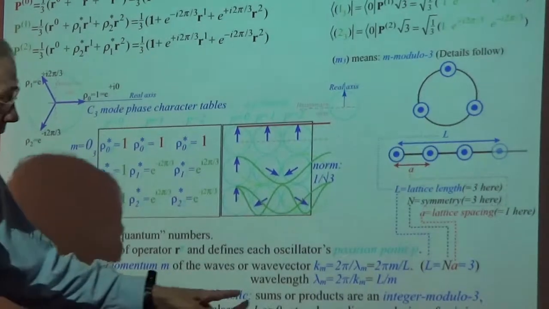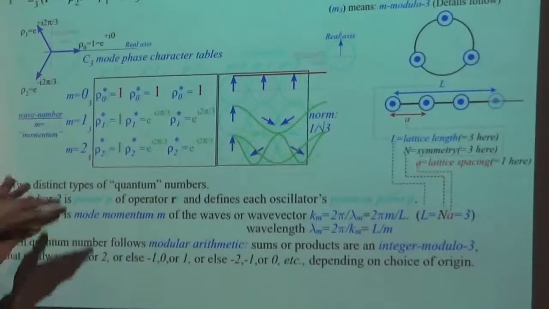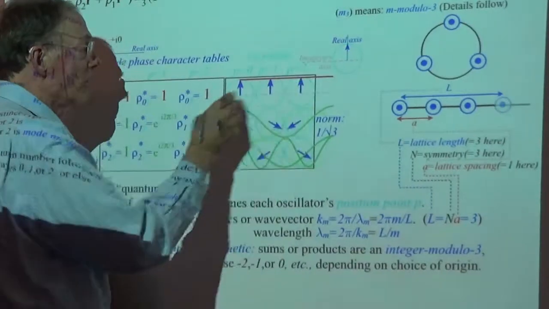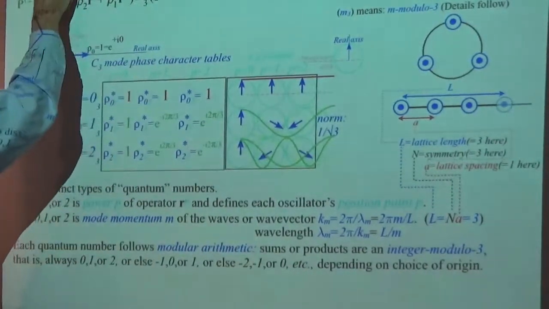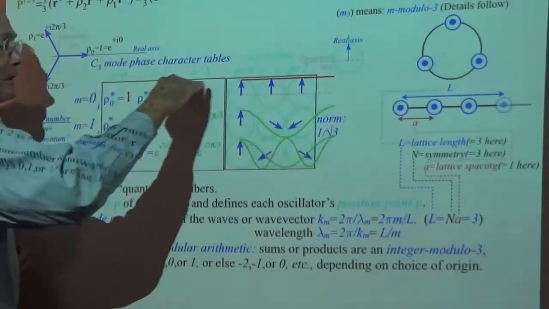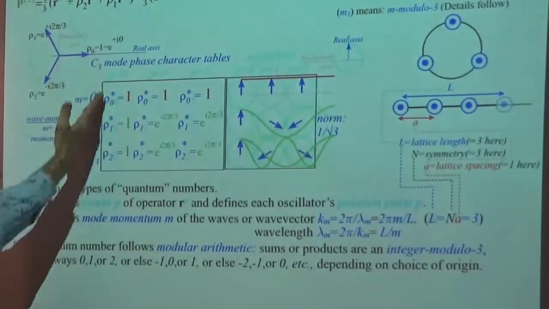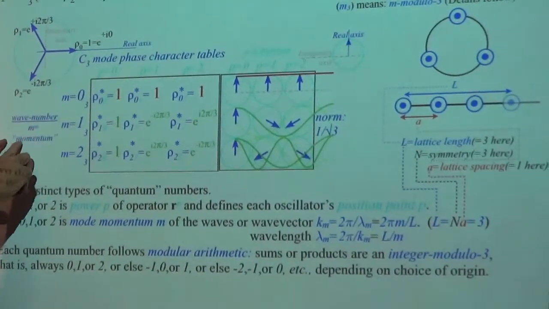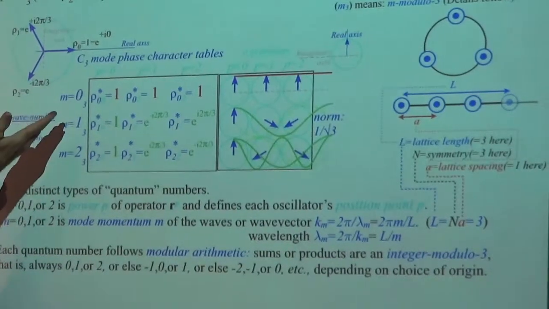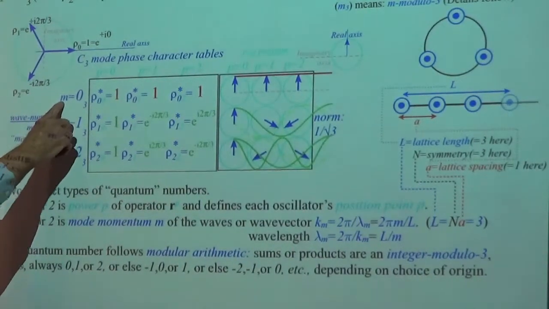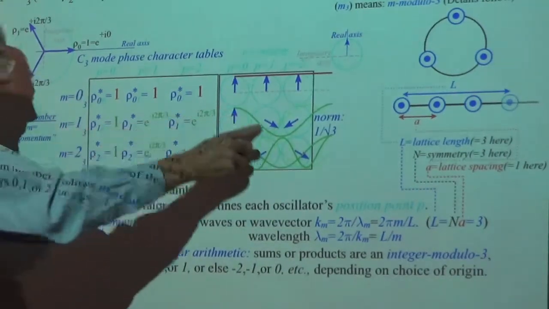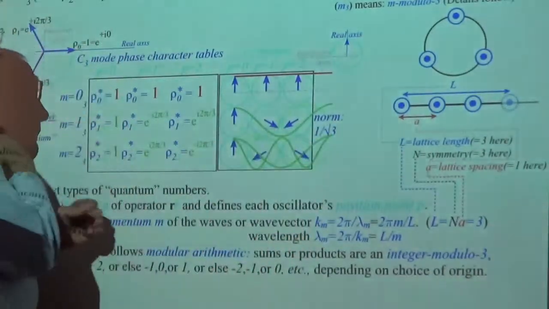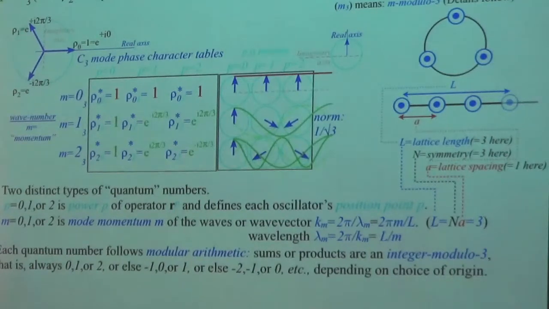Each quantum number also follows a modular arithmetic. Now notice our notation: P for position 0, 1, or 2, or P for power of operators 0, 1, or 2. This is the space part of this thing. This is the per space part of the thing. These are the wave number or momentum, the K's, of the wave: the m 0 wave modulo 3, 1 wave modulo 3, 2 waves modulo 3, which is the same as -1 wave, that is a 1 wave going the other way.